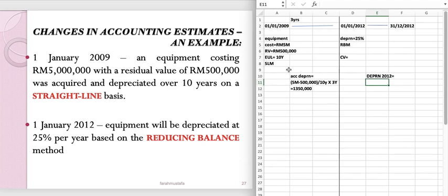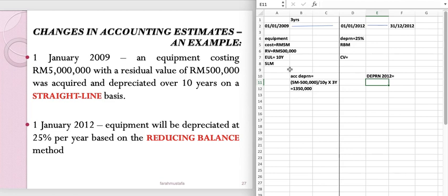It is treated as a change in accounting estimate because the depreciation itself is an estimation. Therefore, we will consider that any change relating to depreciation is a change in accounting estimate.